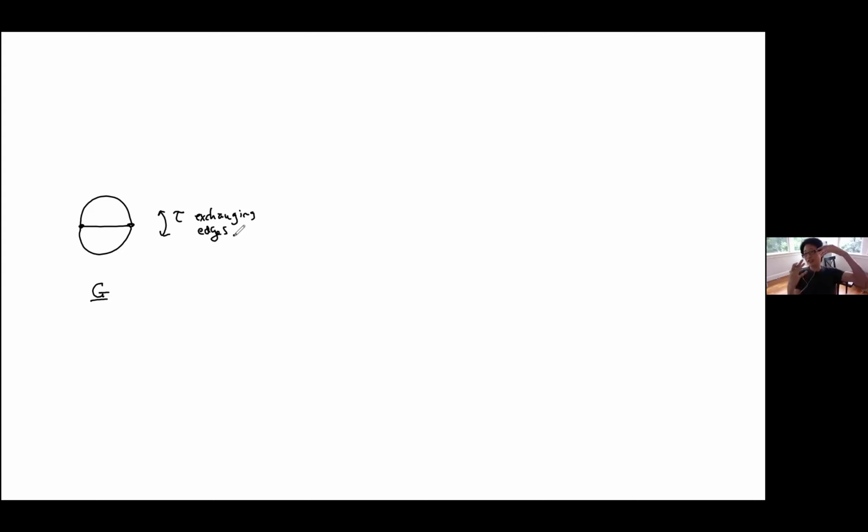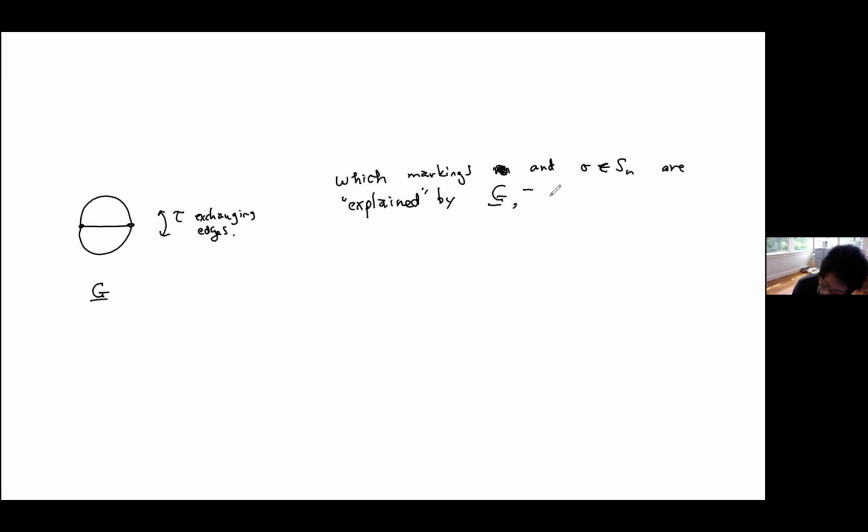And now I have to reverse engineer. In some sense, I have to engineer the fibers of the reduction of counts that I'm affecting, right? In other words, I have to figure out which marking functions, which ways to sprinkle marked points onto this unmarked graph G, together with which permutations arise, quote unquote, are explained by G underline tau.